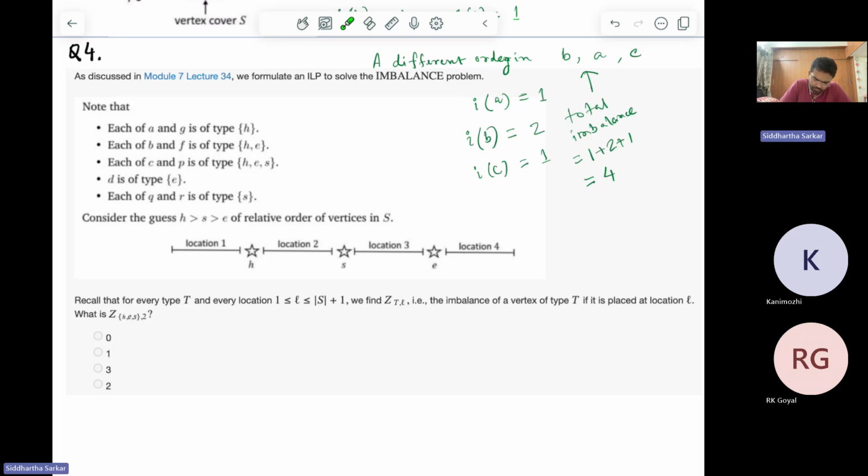Now the question is visible. We want to find the value of this thing, Z HES 2. What is the meaning of this?